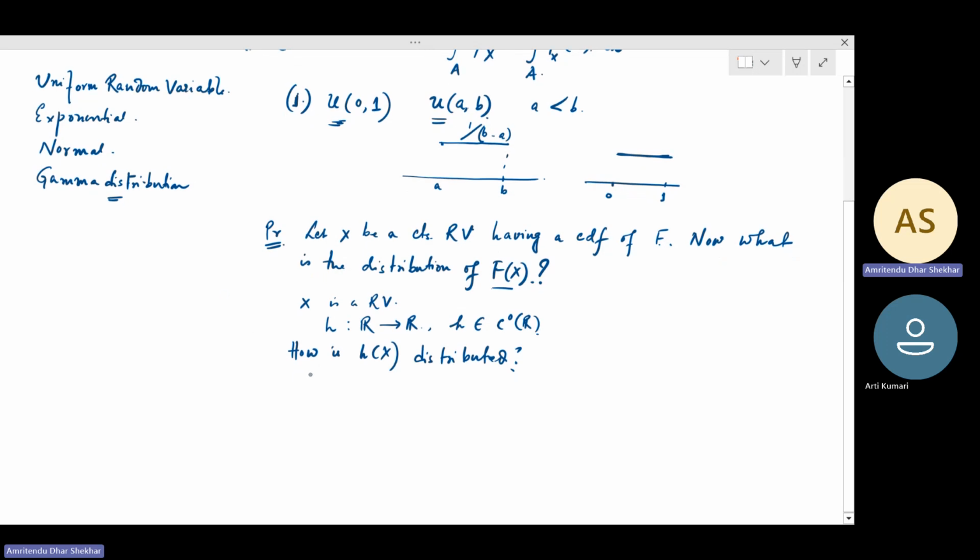Let's say, the CDF of h of x at some a is the probability that h of x is less than or equal to a, right?